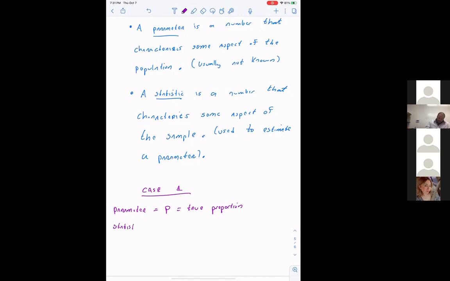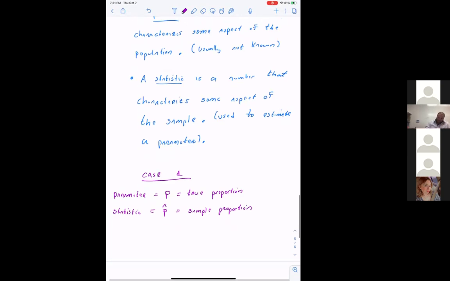So what is my statistic going to be? Well, it's going to be my sample proportion. I'm going to take a sample, and hopefully my sample will be representative of the entire population, and my proportion from my sample will be a good estimate. And I'm going to use a symbol P hat. So P hat is the sample proportion. Make sense? Yes.